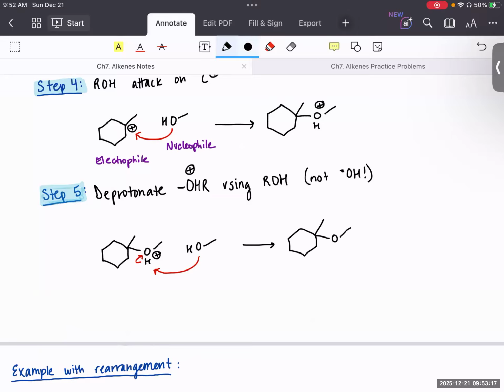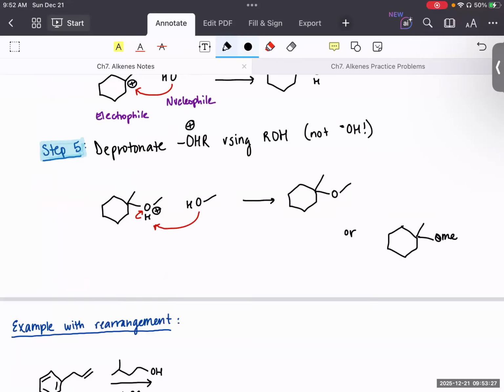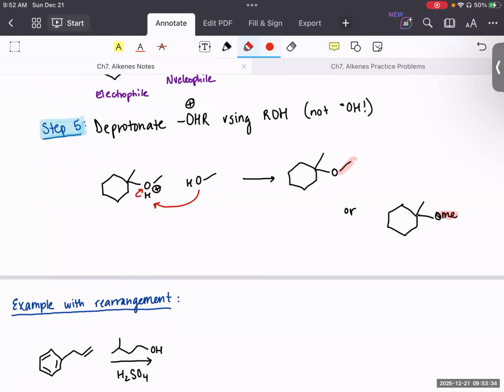And so our final product will look like this, or if you prefer using Me, you could also write your answer as OMe here. Either one is the same thing because this methanol just represents this methyl group right here. All right, so that's that.